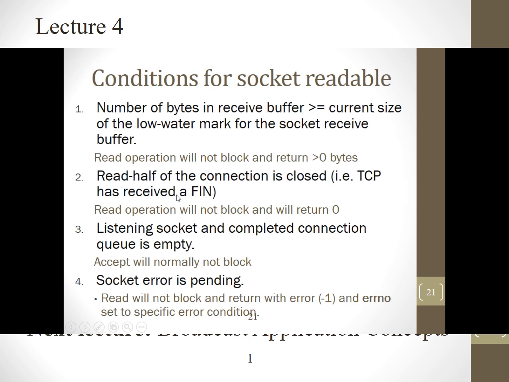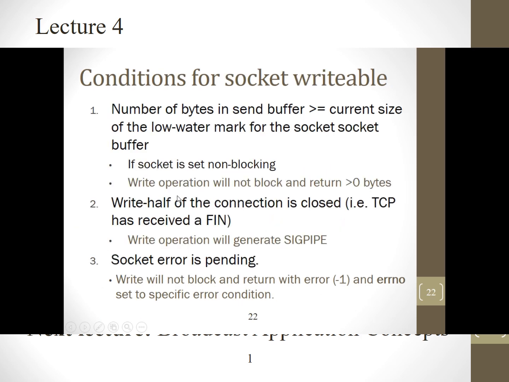In the TCP client server, the write operation will generate SIGPIPE. So in this case also the socket is writable, and you can keep on sending your data into the buffer, even when TCP has received a finish synchronization bit.